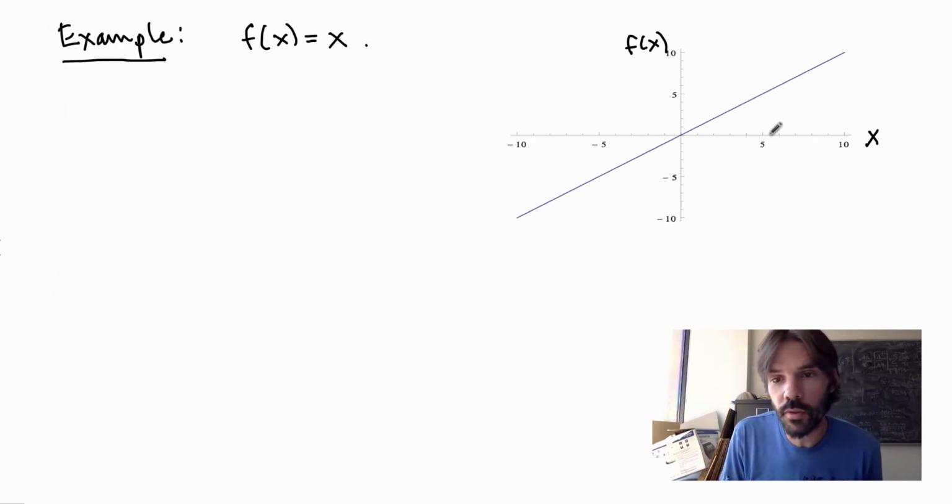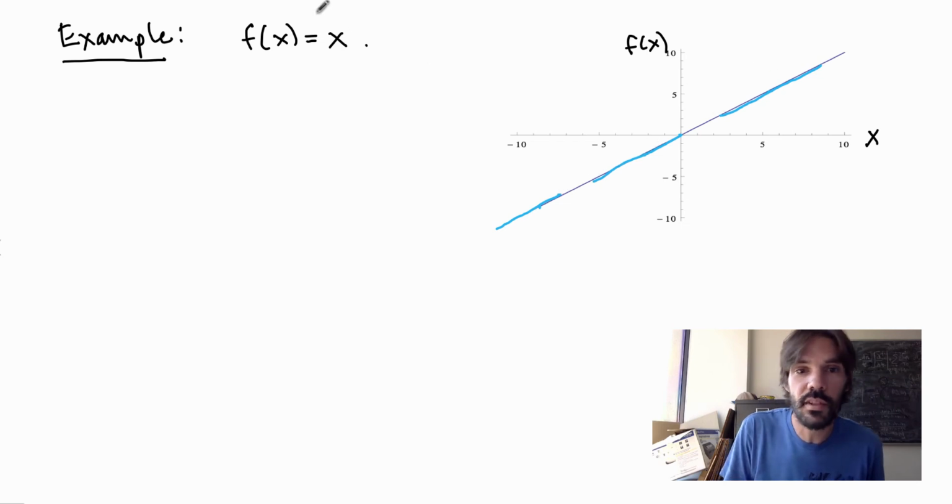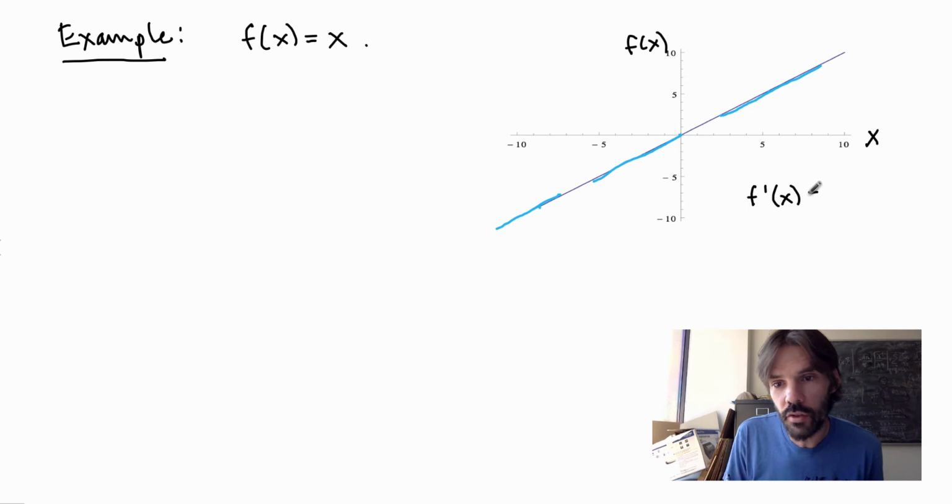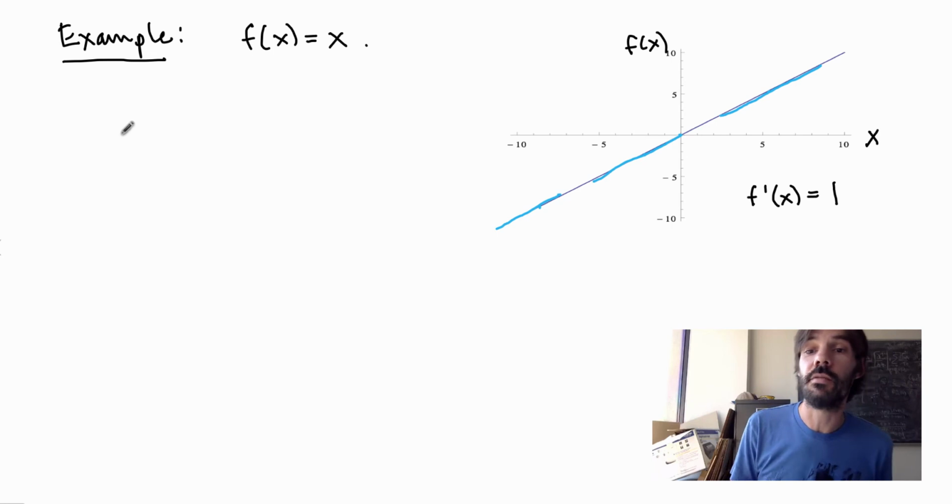Well, if I choose an arbitrary point here and the corresponding point on the curve, the tangent line turns out to be exactly the same as the line itself, right? And that's true for any point on my graph. Okay, so what is the slope of this line? Well, we see that the line is just given by f of x equals x, so the slope is 1. So from this point of view, I deduce right away that the derivative for any x should just give me the slope of the tangent line, which is always 1. So this is what I should get from the definition.